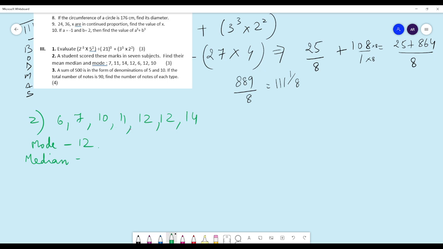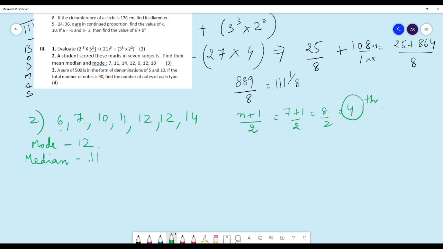So if it is an odd number, what you do is n plus 1 by 2. So 7 plus 1 by 2, that makes it 8 by 2, that makes it 4. Fourth data will be the median. So 1, 2, 3, fourth data will be the median.